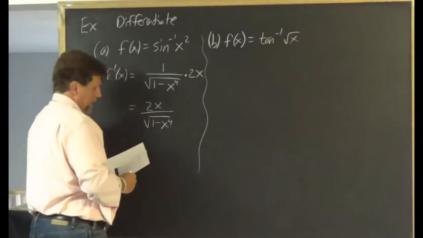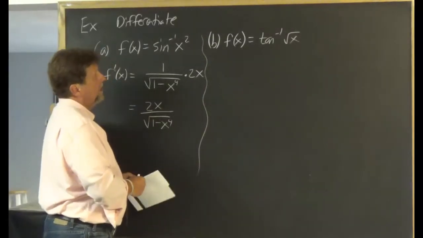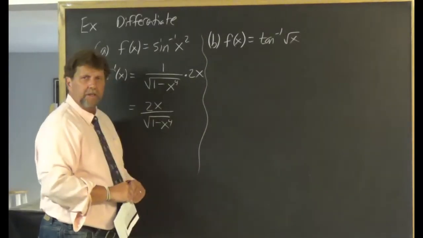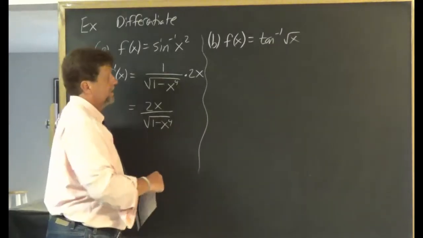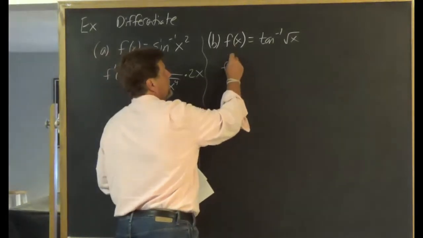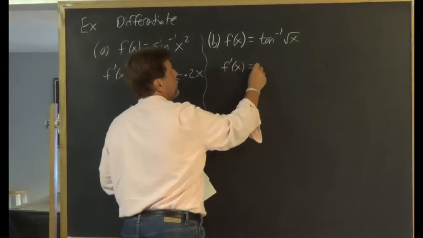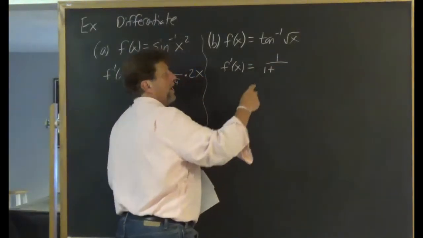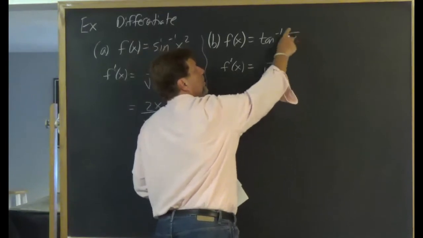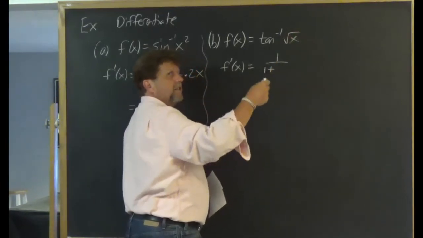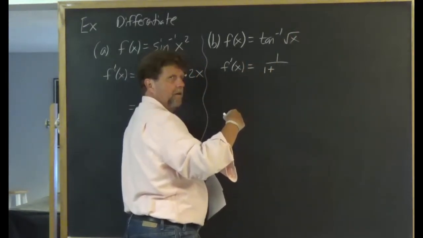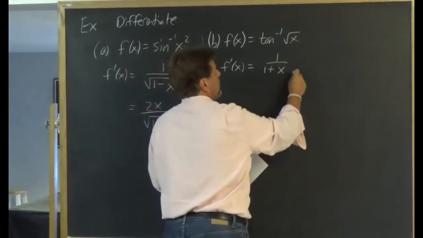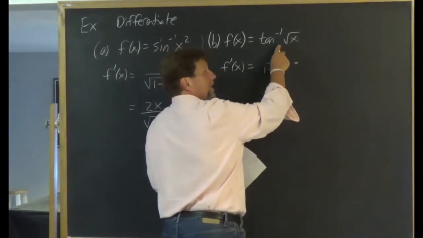Part B, f of x equals inverse tangent of square root x. All right, so our derivative is 1 over 1 plus u squared, so think that's like the u. So the square root of x squared, that's x, times du dx.